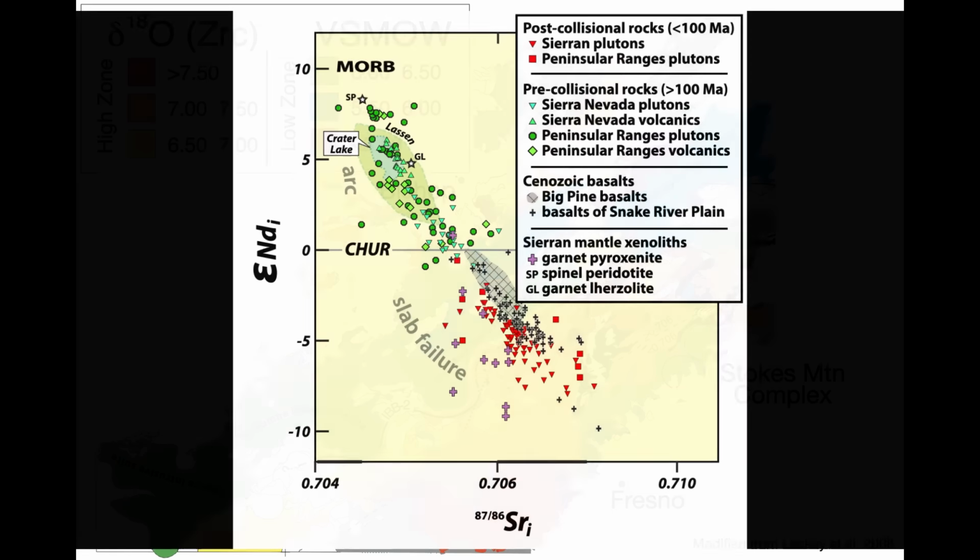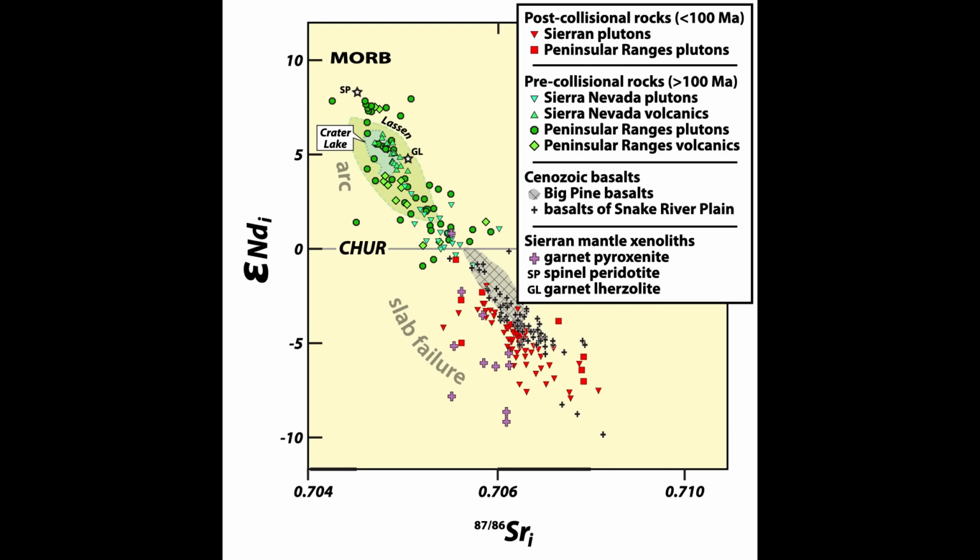The other thing that's really interesting is when you look at the strontium and neodymium, their samarium-neodymium decay group and the rubidium-strontium pair shown on the x-axis here show that arc rocks tend to be above 0 in terms of epsilon neodymium and have lower initial strontium values, which is the strontium value at the time the body was formed.